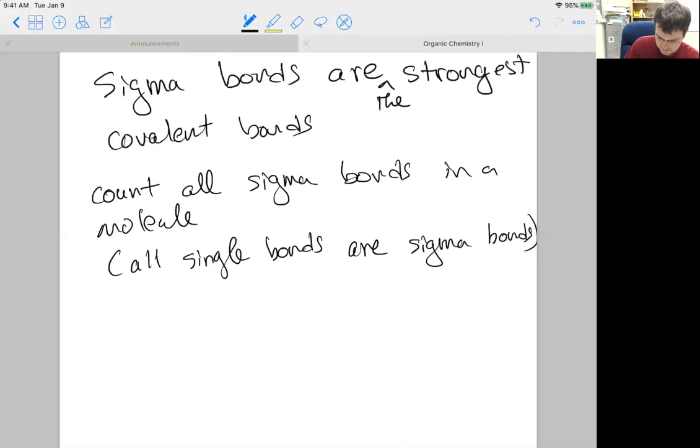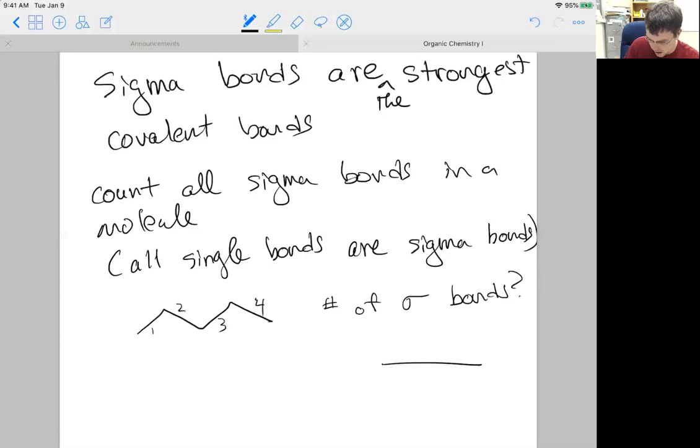Okay, what does that mean? I have this, and I said number of Greek letter sigma bonds. You would come back and you would say, oh, 1, 2, 3, 4 bonds. Okay, sorry, didn't mean to be rude right there, but yes, you've got the carbon-carbon bonds, but let's also remember the carbon-hydrogen bonds.